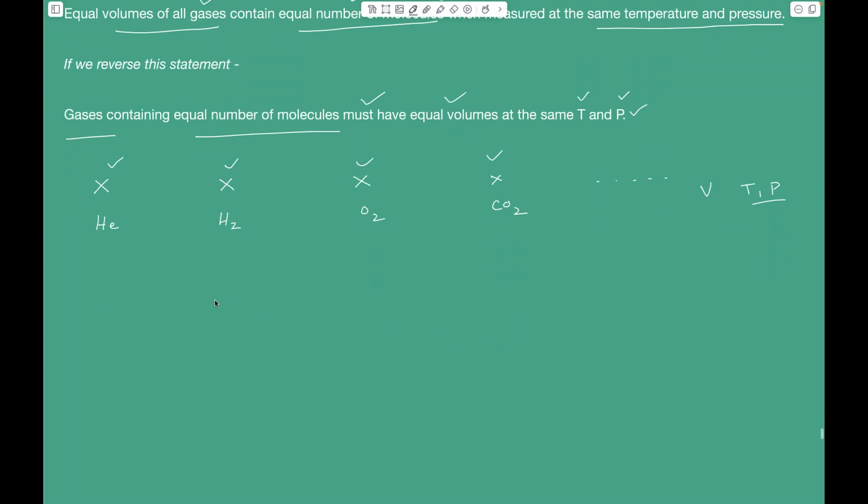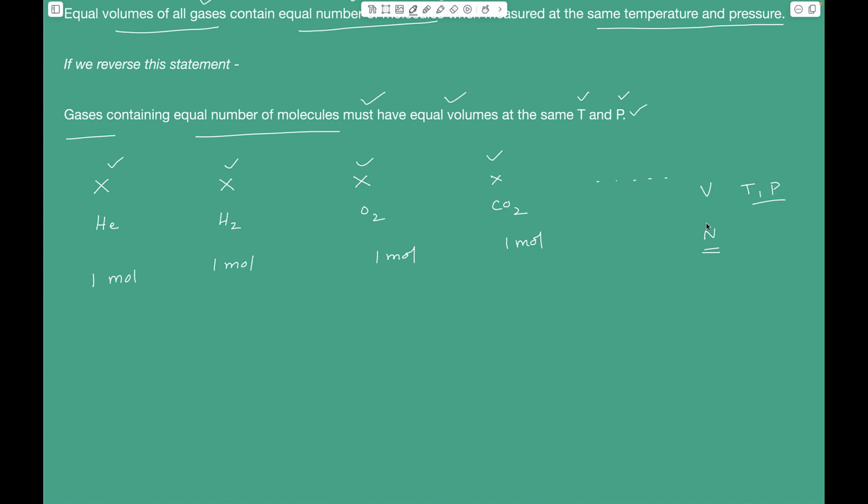Now, let us take 1 mole of each of these gases. And you know that 1 mole of any substance, whether it is a solid or a liquid or a gas, contains an Avogadro's number of particles. So if you take 1 mole of different gases, they also contain the same number of molecules.